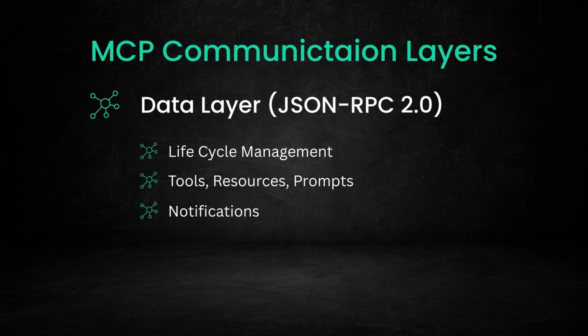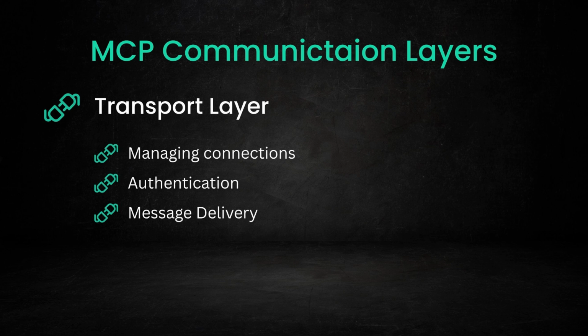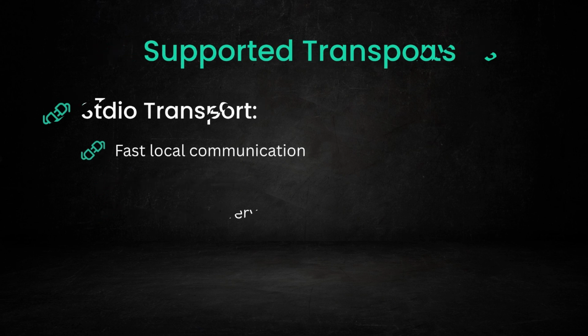This makes AI integrations plug and play: swap servers or tools, and everything keeps working. The transport layer handles how that communication travels, managing connections, authentication between clients and servers, and message delivery. Think of the data layer as the language and the transport layer as the delivery system.